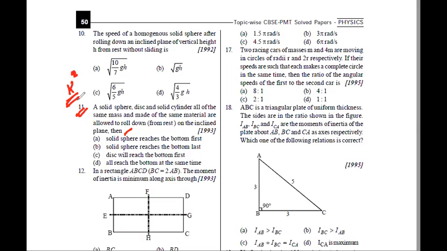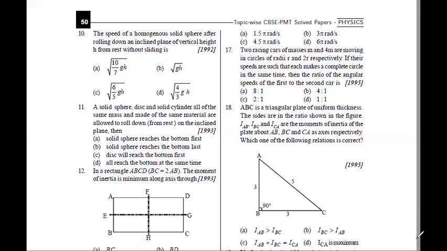So whose K is most? Tell me, whose K is most? Yes, solid sphere. Very good, right? Okay. The answer is solid sphere. Okay, got it?